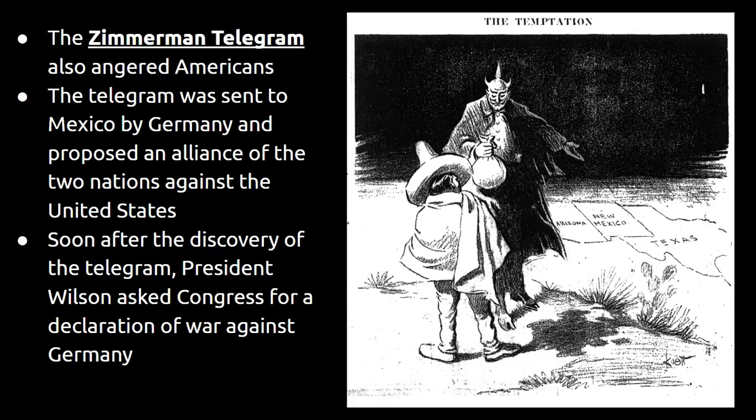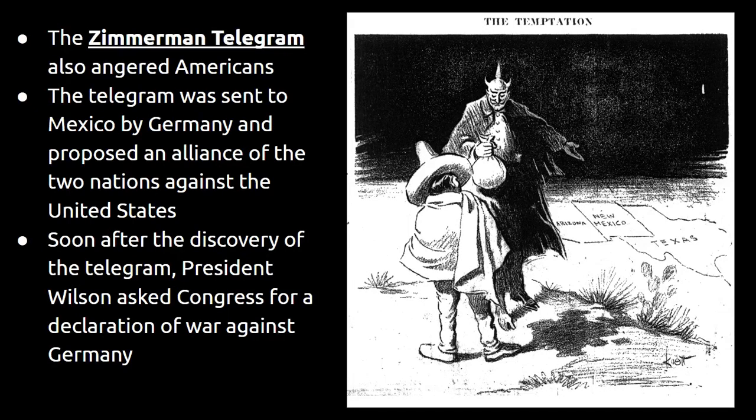Now, Mexico never agreed to this. We discovered this telegram before Mexico really even had a chance to, even if they would have, probably not. But the point was that Germany was actively trying to get nations to ally with them against the United States, and obviously we could not ignore this.